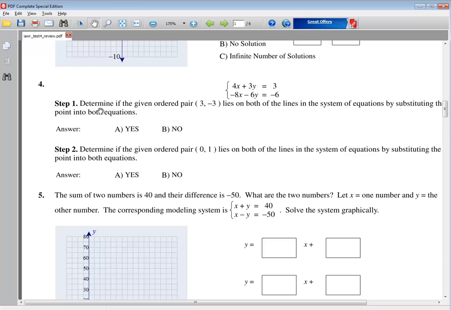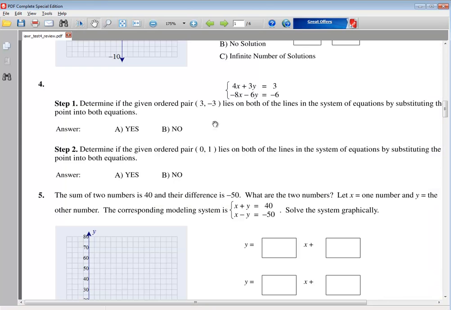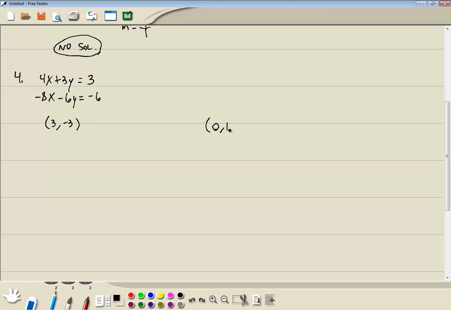Then we're wondering about 3, negative 3. And the other one they're asking us about is 0, 1. Well, they're giving us a point, so they're giving us the x and the y.